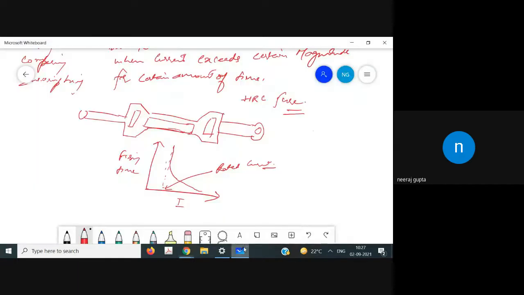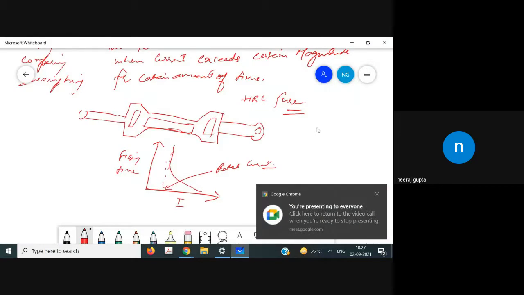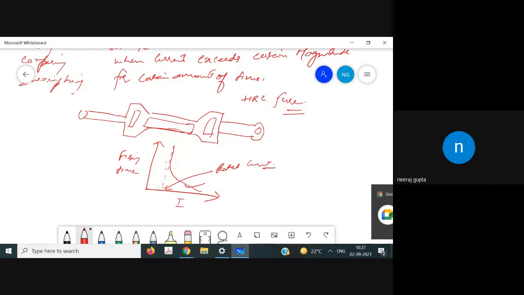What it signifies is that as the current increases, the fusing time will be reduced.